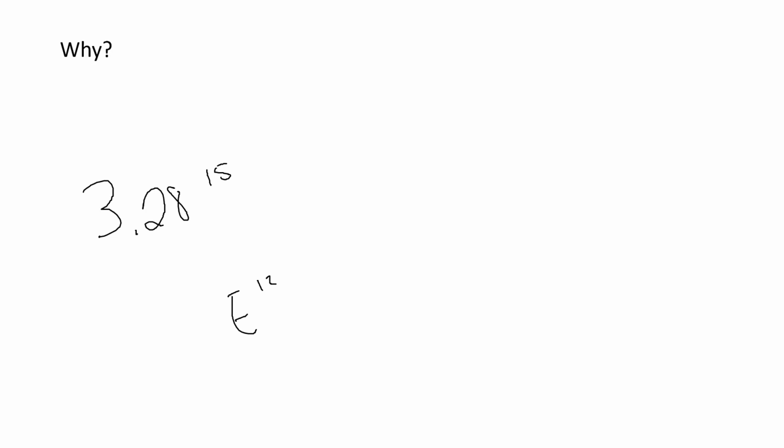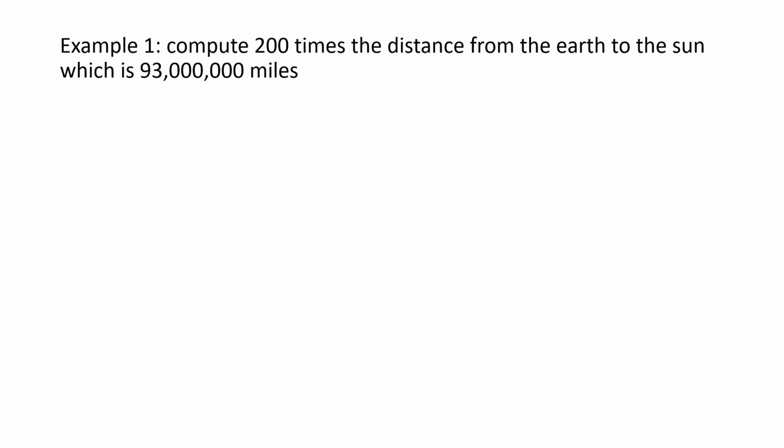And that's your calculator's version of scientific notation. That just means that number is too large for your calculator to compute. And so we use scientific notation to make numbers that are that big or that small, which would be a massive decimal, workable.